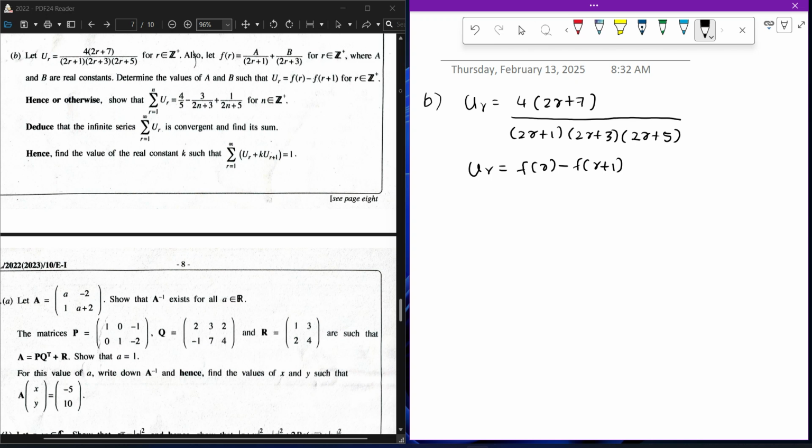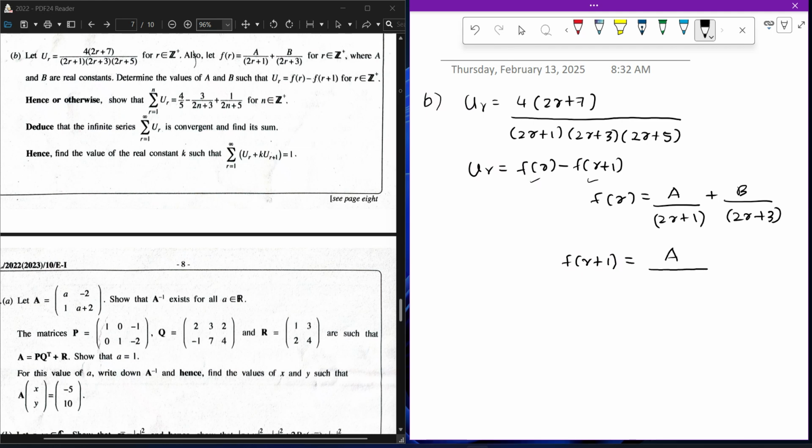You have already been given the value of f_r: suppose it's a over (2r plus 1) and b over (2r plus 3). So this is the f_r expression you've been given. We can also write down the f_(r plus 1) expression, because we have two parts, and then it's easy to write the expressions clearly.